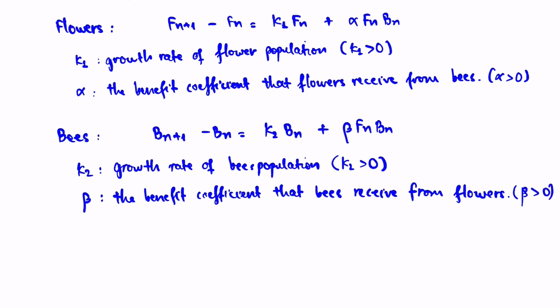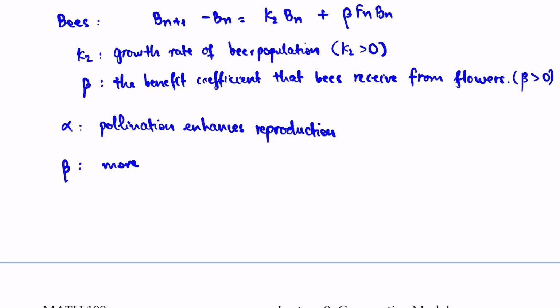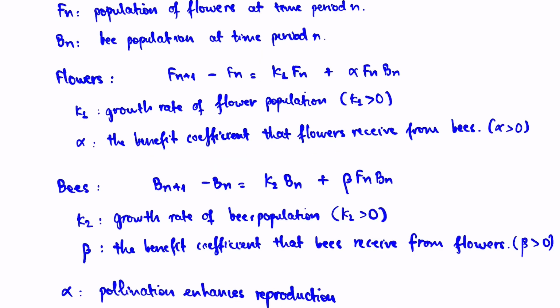So the values alpha and beta are benefit coefficients. In the case of alpha, pollination enhances reproduction. And beta, more flowers provide more food. Right, so that is the setup for the flower population and for the bee population. Okay. Now I'm going to take these two equations.